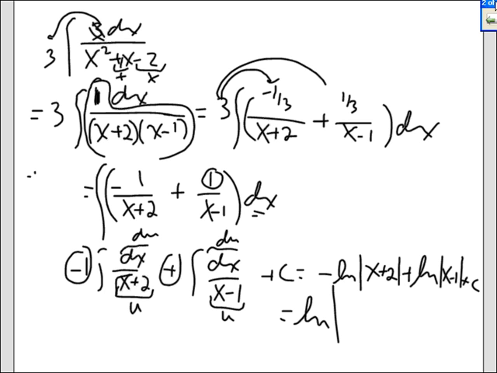Well, whenever you're adding or subtracting ln's, you can write them as one ln. If you have a minus in front, then this piece goes in the bottom: absolute value of x plus 2.